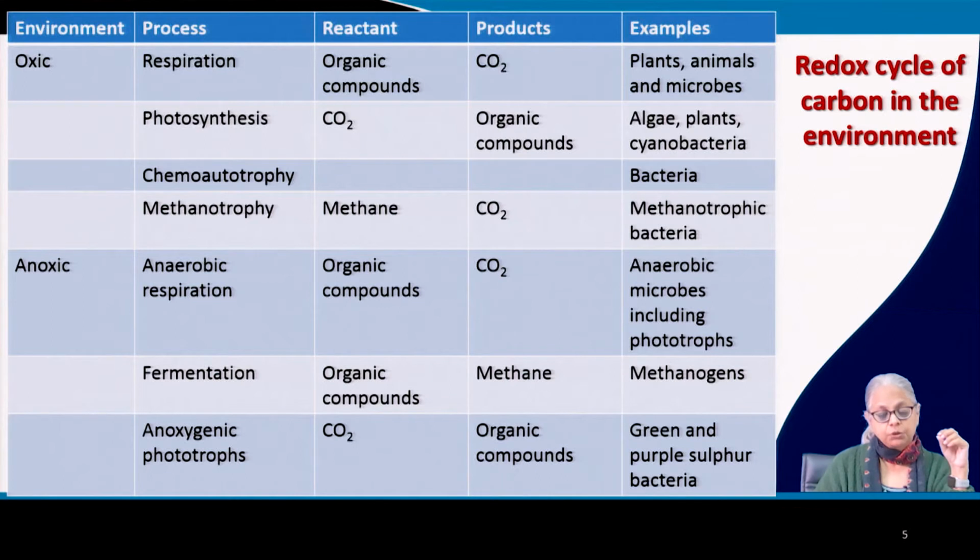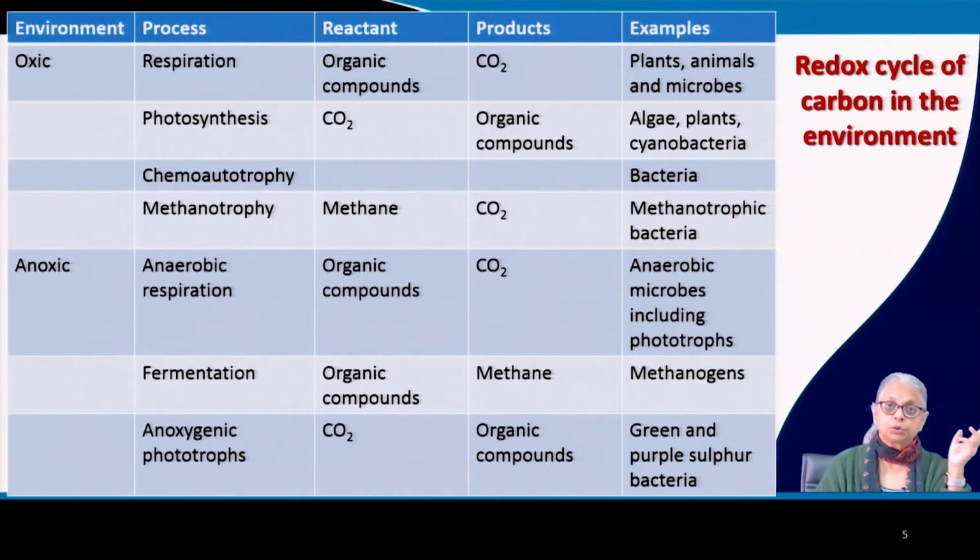Then you have another group of bacteria called homoacetogens. Homoacetogens are going to take up CO2 and convert it to biomass, and there are also anoxygenic phototrophic bacteria which can also convert CO2 to biomass under anaerobic conditions. They utilize hydrogen sulfide or elemental sulfur. Then you have anaerobic respiration and fermentation.